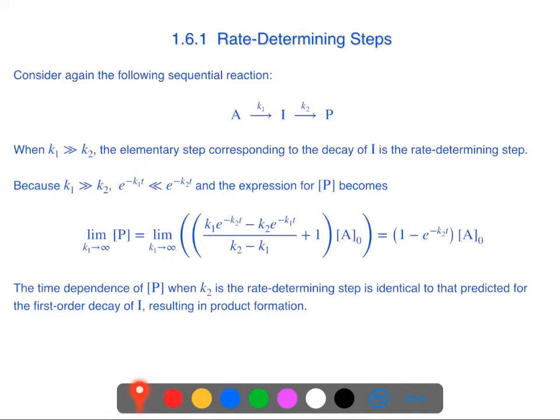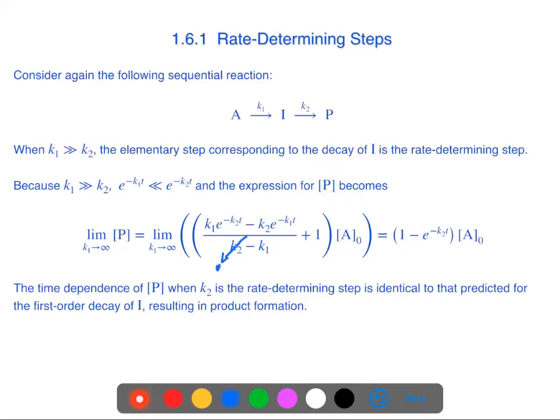So if we look at our expression for the concentration of product, we saw that it was dependent upon various terms. And we can simplify this now, because if K1 is much greater than K2, then this term here is going to be relatively small.